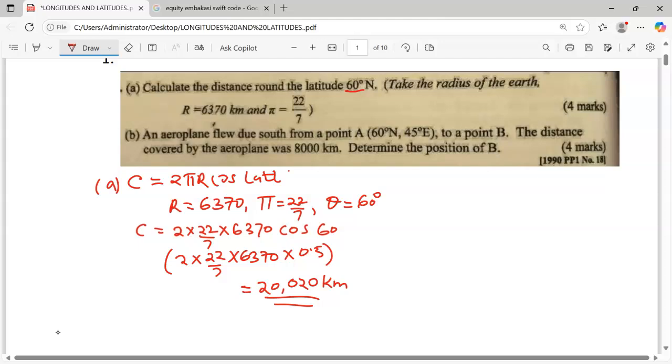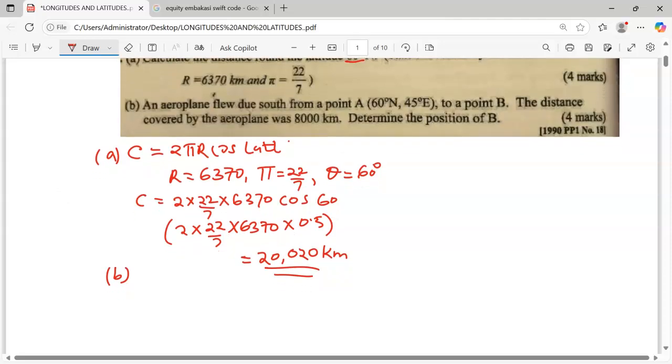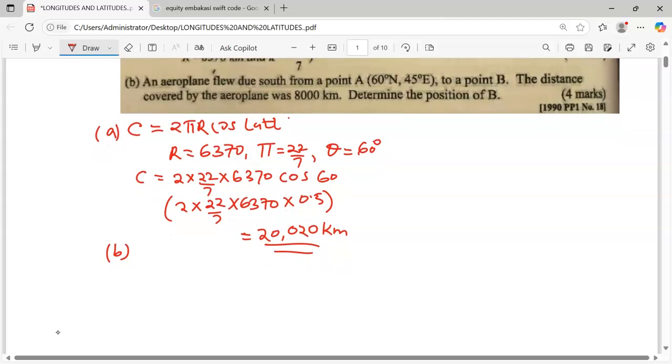We move to part B of the question, and our part B of the question reads, an aeroplane flew due south from a point A. We have been given the position of point A as 60 degrees north, 45 degrees east.